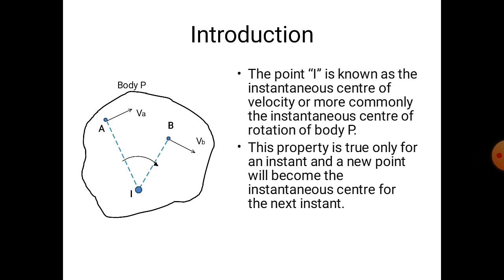Now, to find the number of such I centers for a mechanism having small n number of links, the formula is: the number of I centers, capital N, equals n into bracket n minus 1 whole divided by 2, where small n is the number of links in a mechanism and capital N is the number of I centers or ICRs.